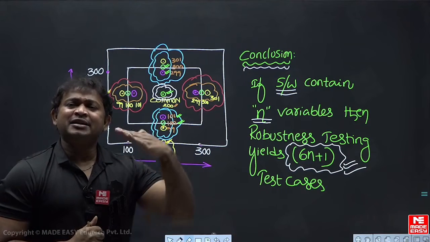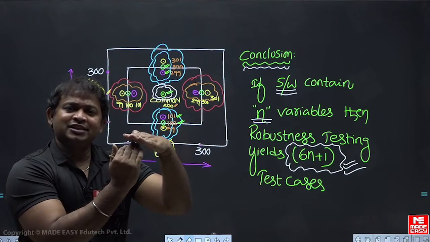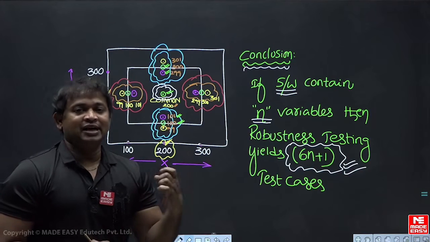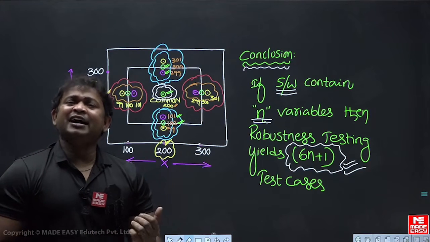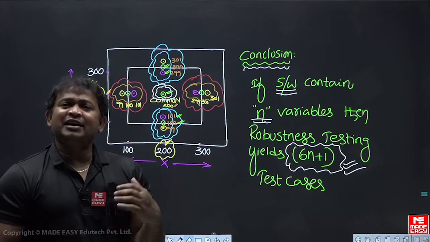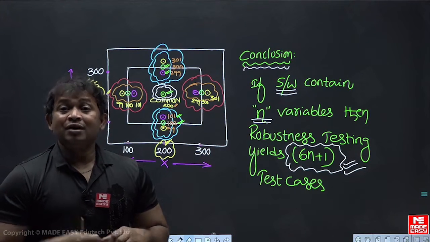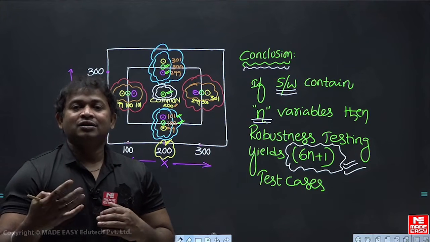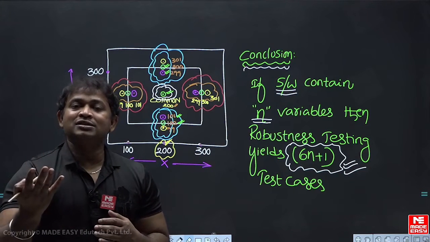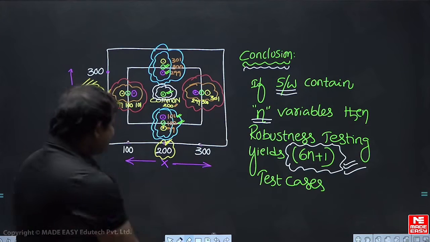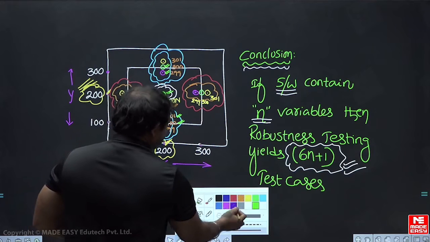At the boundary means exactly at the boundary and just below the boundary we verified. The center is also verified. Is there any guarantee that all users give legal inputs? Definitely not. So if the user gives invalid input, how does the system respond to it? That testing is conducted here.